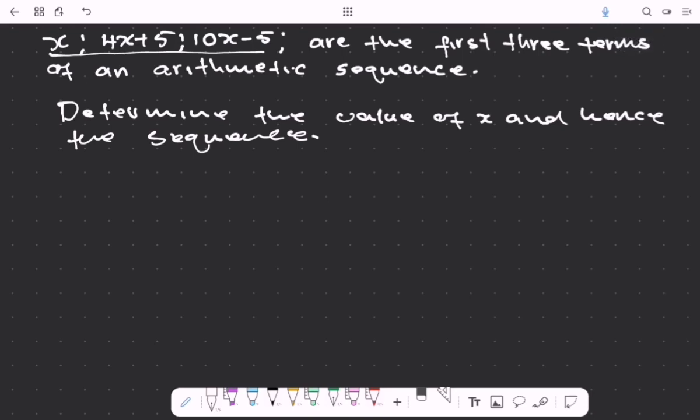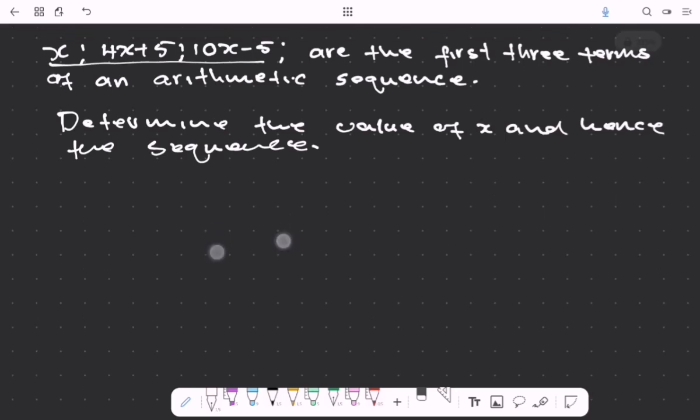I know a lot of people, I myself was a victim once, would get confused and do a lot of things that are unnecessary. But what you are always supposed to do is consider the properties of the sequence that you are given.